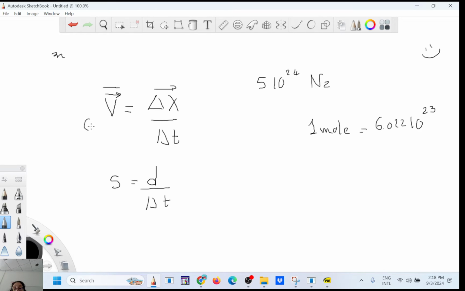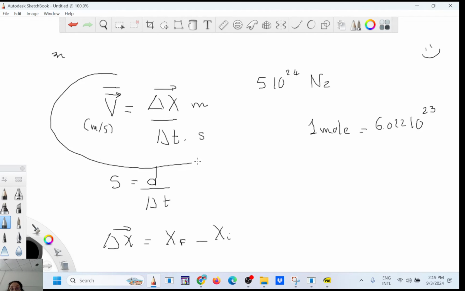Usually the unit here is meter per second, here it's meter, and here it's second. Now displacement is a vector, but on the number line, what you do is the final position minus the initial position.